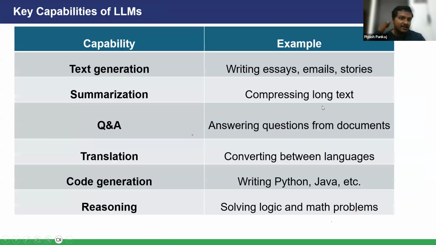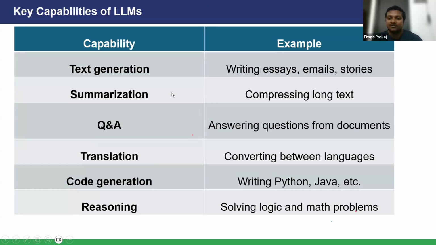Fine. Now, what are the key capabilities of LLMs? LLMs can generate text. They can write essays, emails, and all. Mostly, I have used it to write emails, honestly, and also for coding tasks. Then we also use it for summarizing long text.